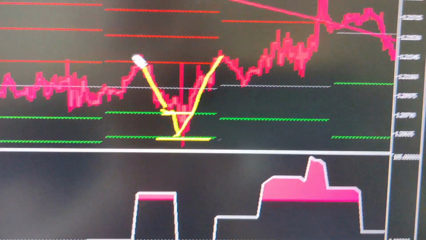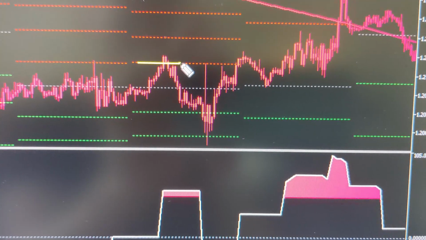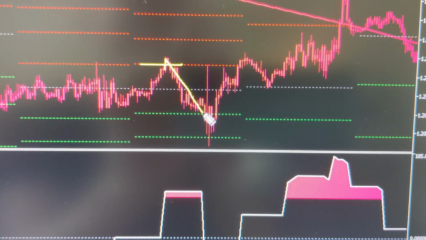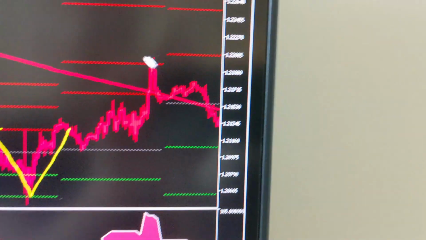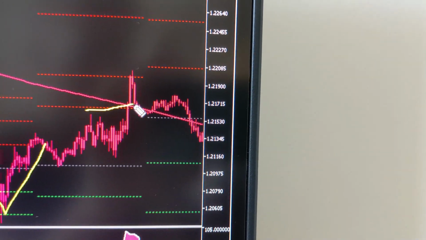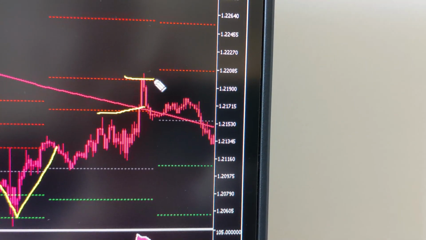You can even see price reacting to these levels on both sides. Price went to here, basically got rejected, came down, got rejected on the other side, and right here it blew past the R1 and rejected at R2.